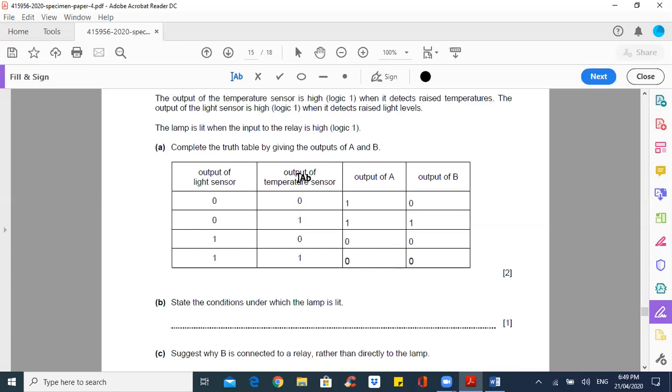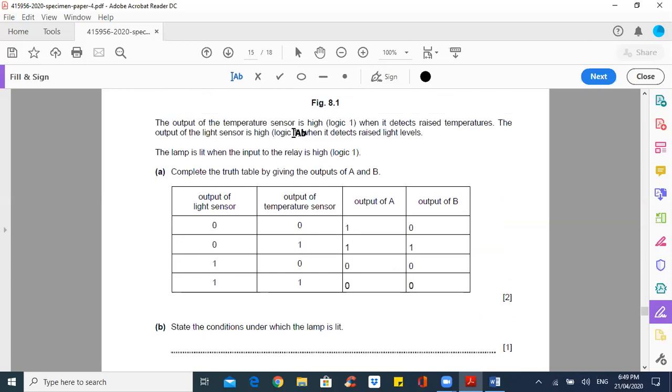The question here says the output of the light sensor is high or logic 1 when it detects a raise in light level. So we're looking at this whole row here. For that, your output of the light sensor must be 0.